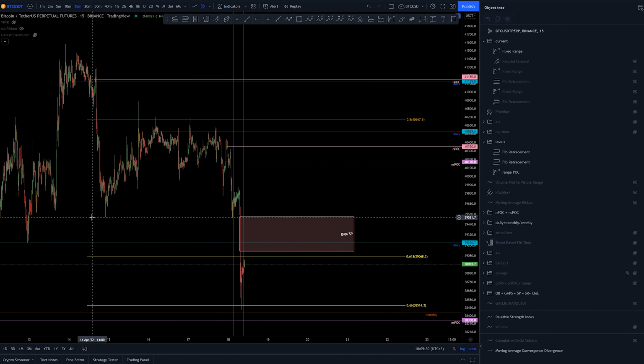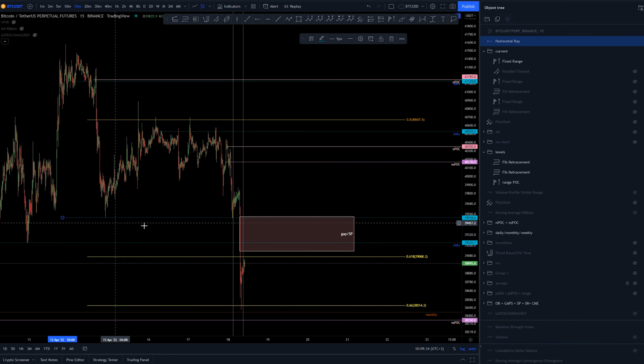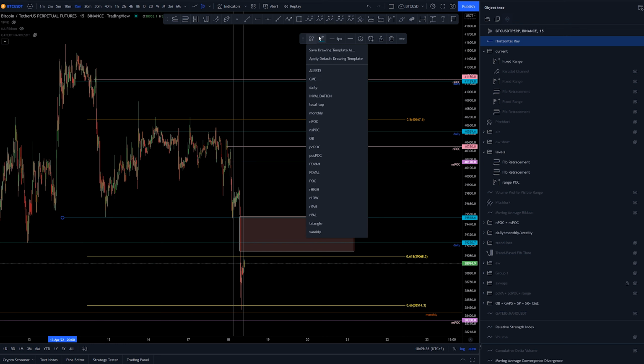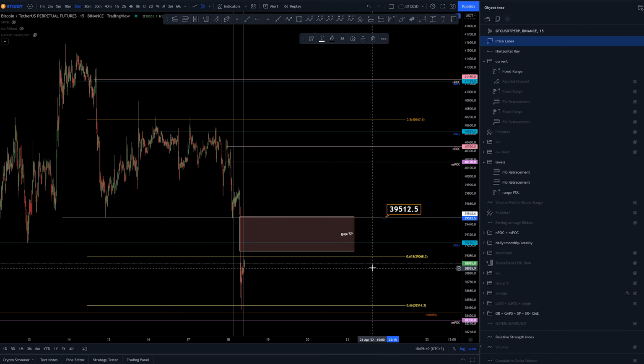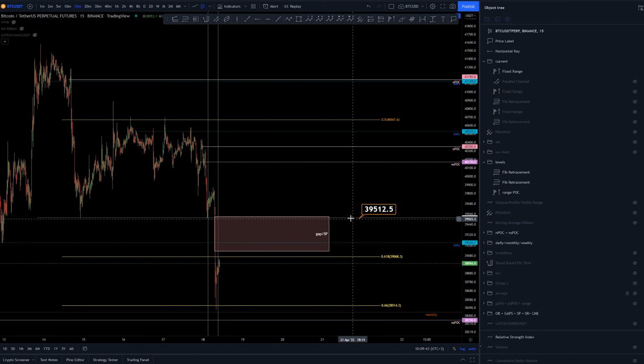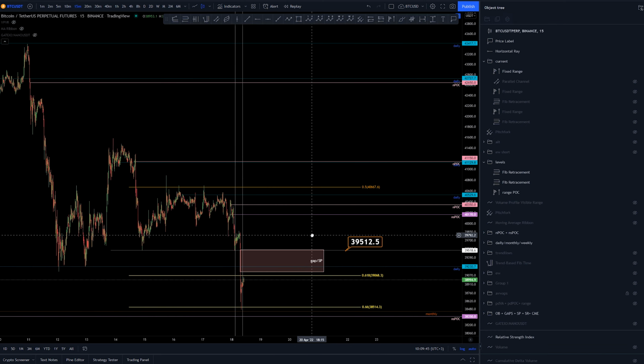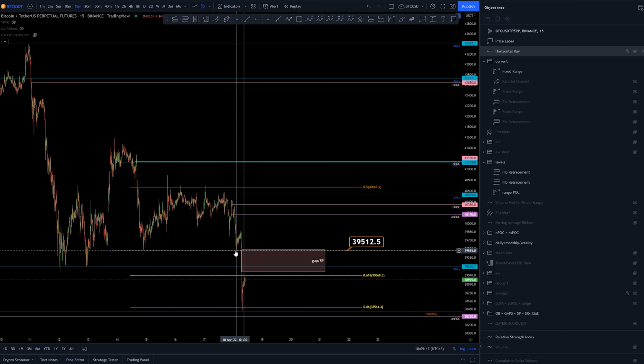The previous resistance here at around 39,500. Top range for this single print gap is again a resistance. Now it was acting as support on April 14th and just April 18th before that bounce up.